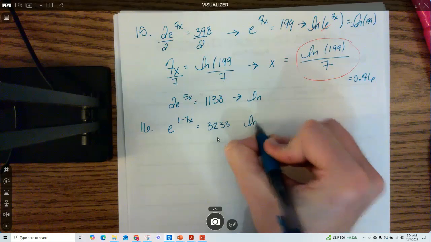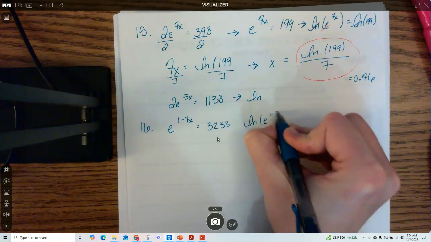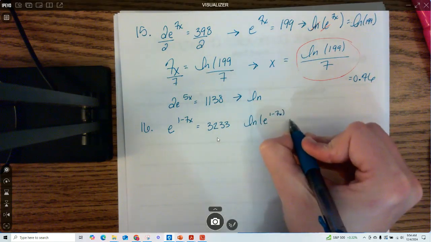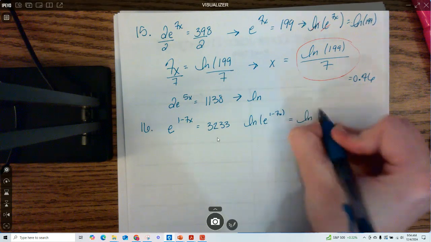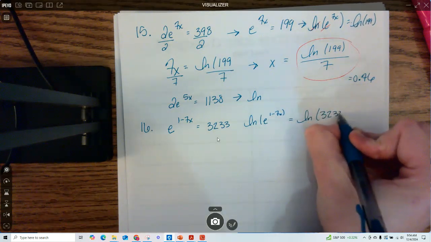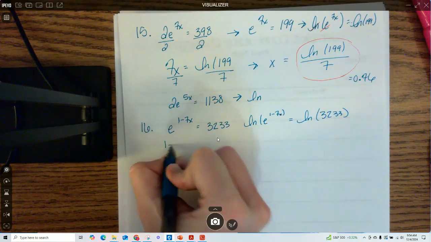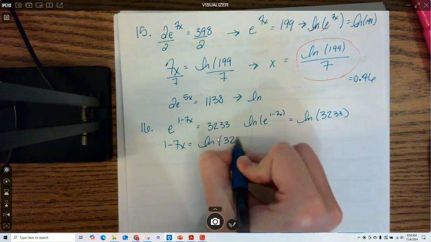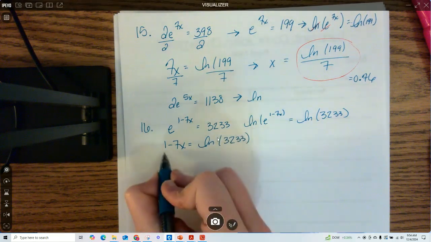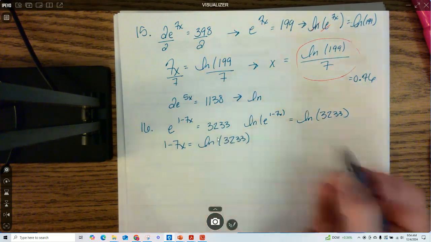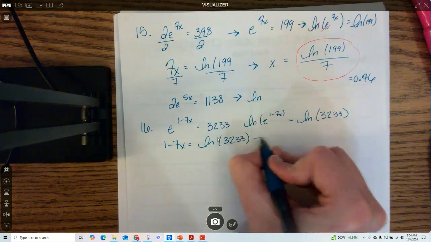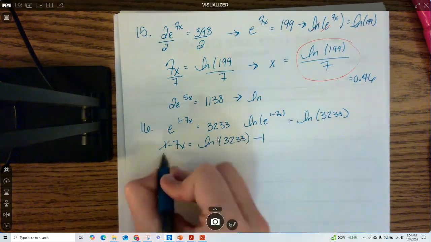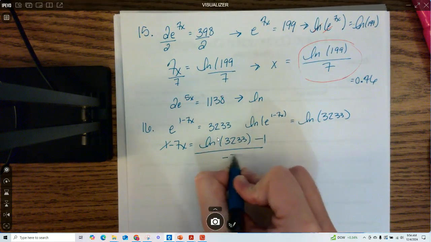We should be able to natural log each side, which would give us 1 minus 7x equals the natural log of 3233. We would subtract 1 from both sides, and then we would divide by negative 7.